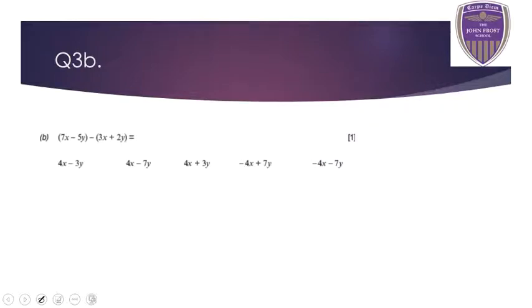For question 3b, we've got to simplify this, okay? Because at the moment, it doesn't look anything like the options in the answers. So let's have a look what happens when we remove the brackets.